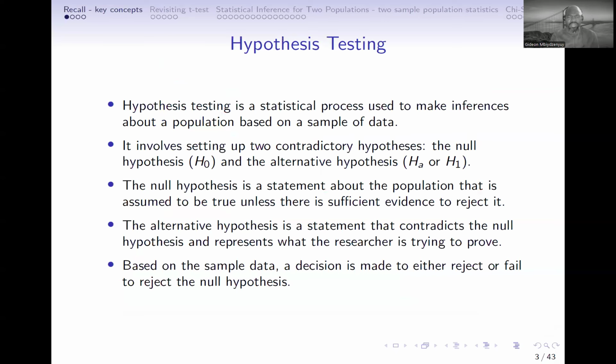Okay, so let's begin. We will recall that in our previous lectures, we tried to understand the concept of a hypothesis as it applies to a single population. A single population can be a single group or system that we want to study.